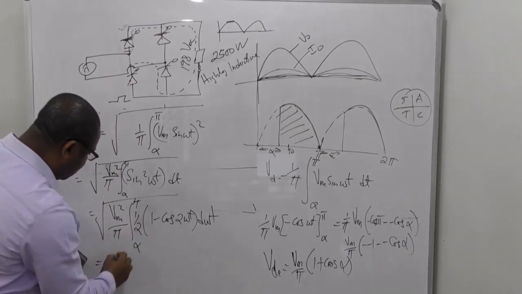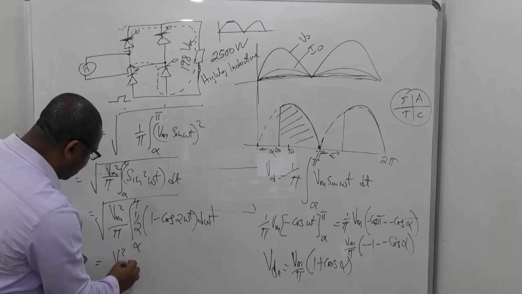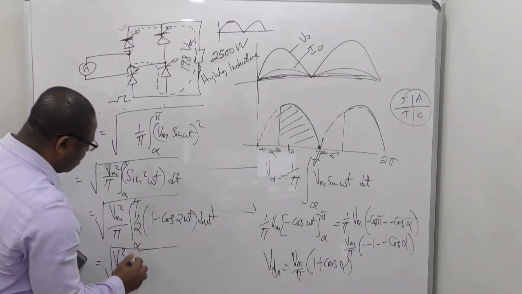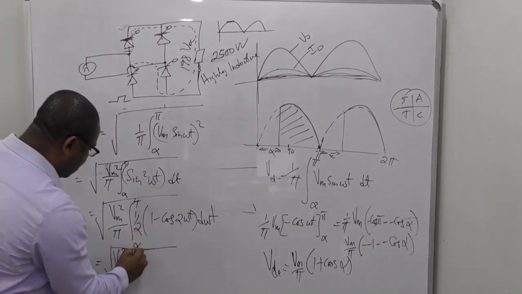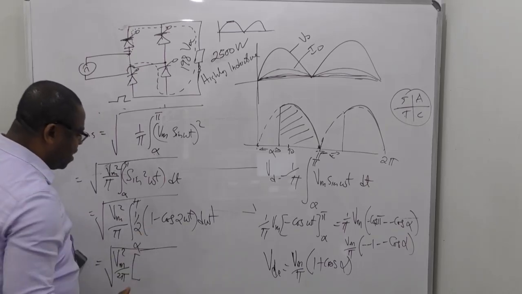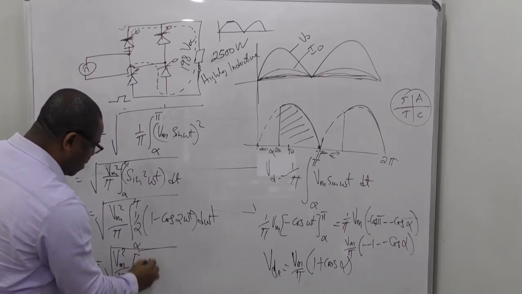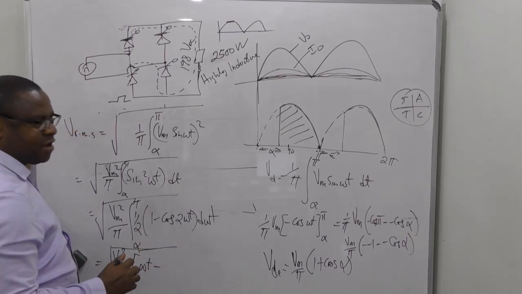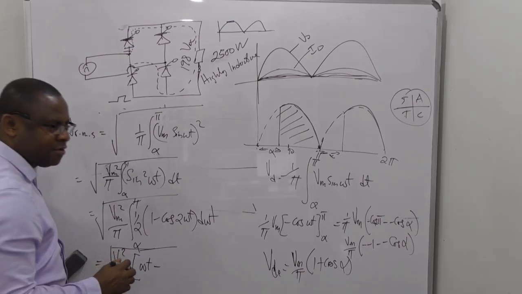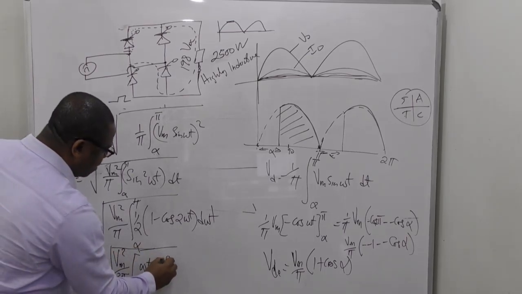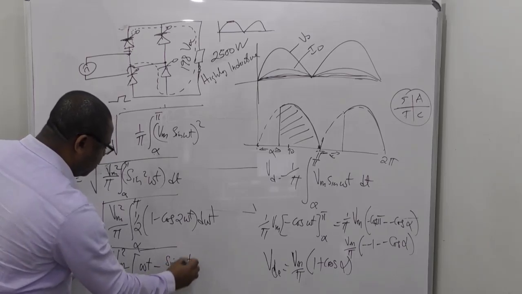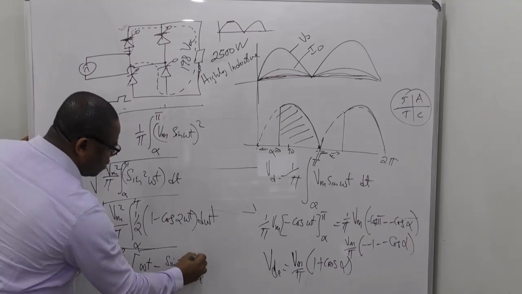So from here we can have this as Vm squared over 2 pi. Remember, it's a square root. Into, when you integrate that, you get omega t, minus when you integrate this, you get sine 2 omega t over 2, alpha to pi.